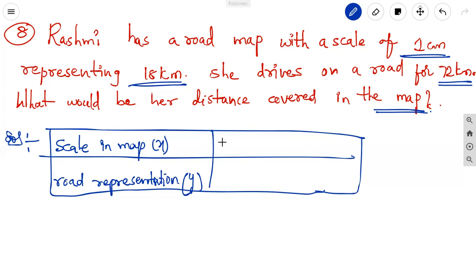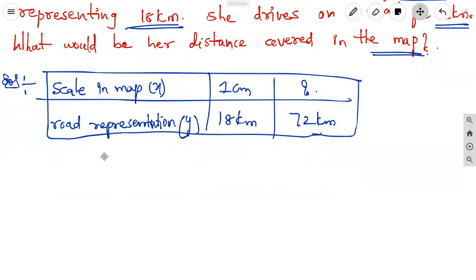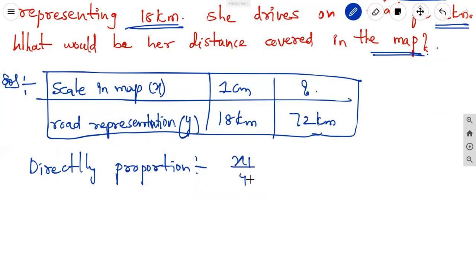Here, in the scale, 1 centimeter in the scale on the road is nothing but 18 kilometers. If she covers 72 kilometers, how much is it representing in the map, that is nothing but how many centimeters. Okay, it is also a directly proportional relation only. The direct proportion is in the relation of x1 by y1 equal to x2 by y2.